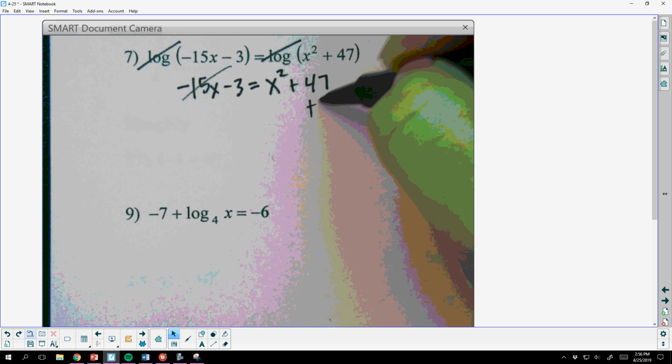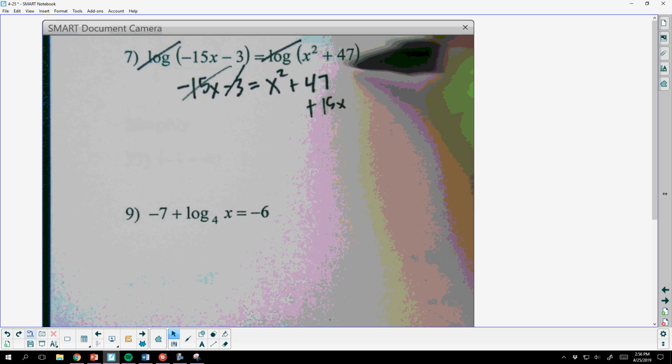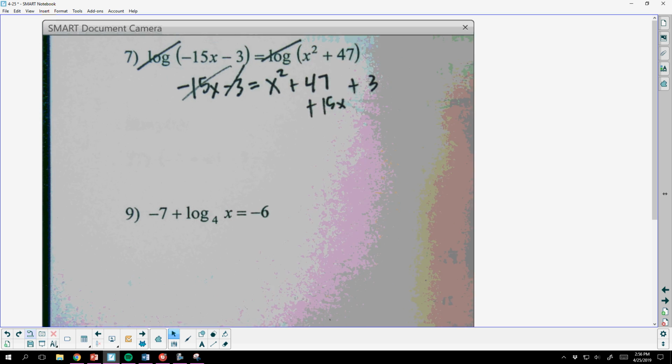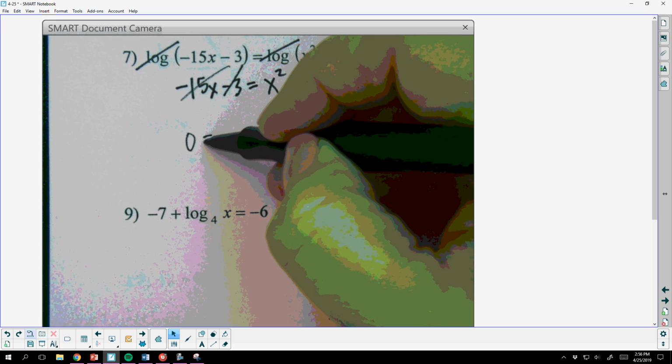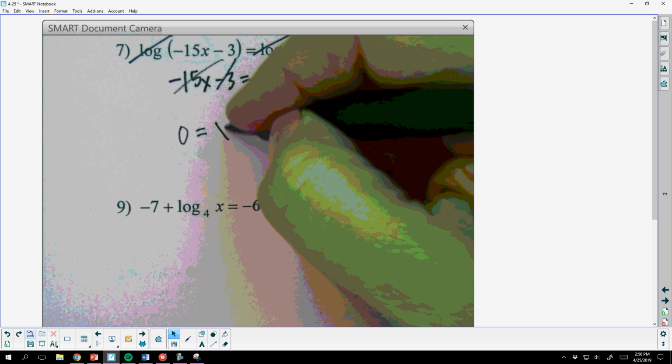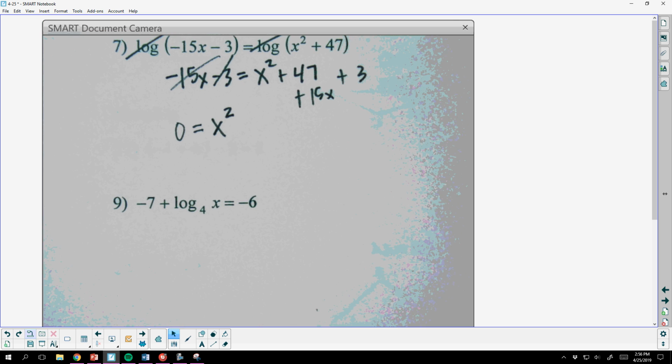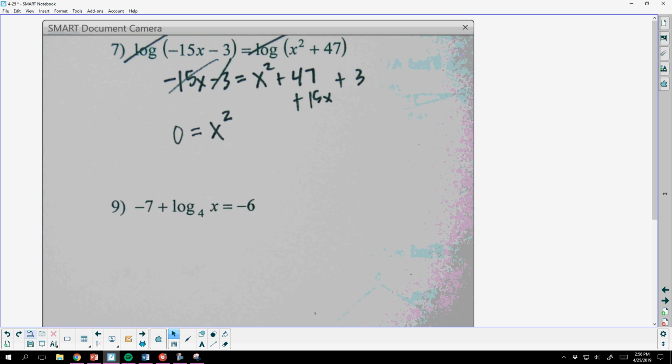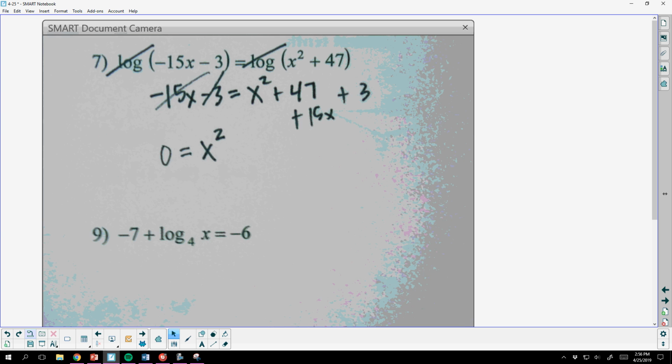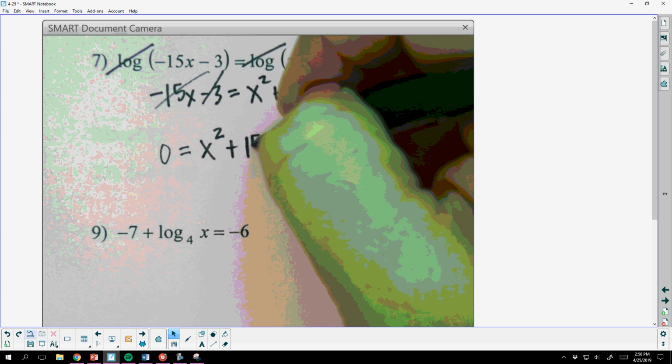So add 15x and add 3. So 0 equals x squared, and we have how many x's? Yep, plus 15x, and then 47 and 3 is 50.